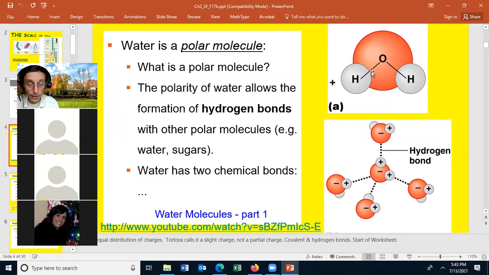And that's actually 2 electrons shared between hydrogen and oxygen. Oxygen pulls on those electrons more than hydrogen, so oxygen has the electrons more of the time than hydrogen.